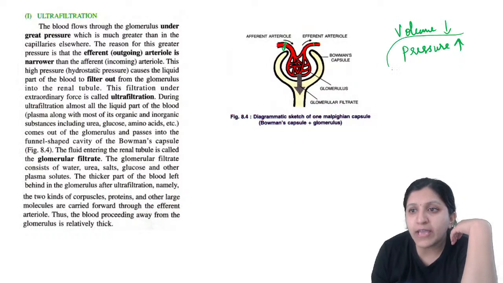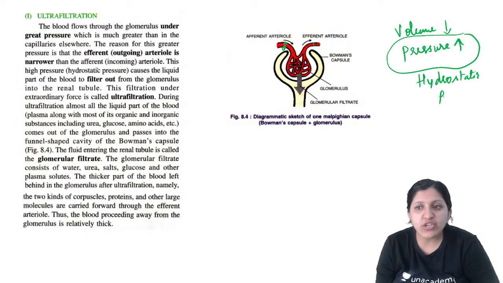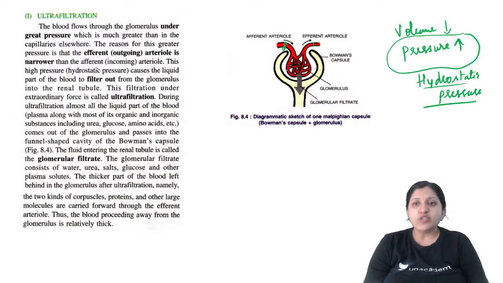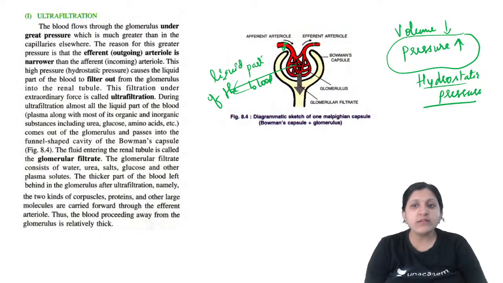Because of the higher pressure that is built, which we call hydrostatic pressure, most of the liquid part of the blood enters through the glomerulus into the Bowman's capsule.